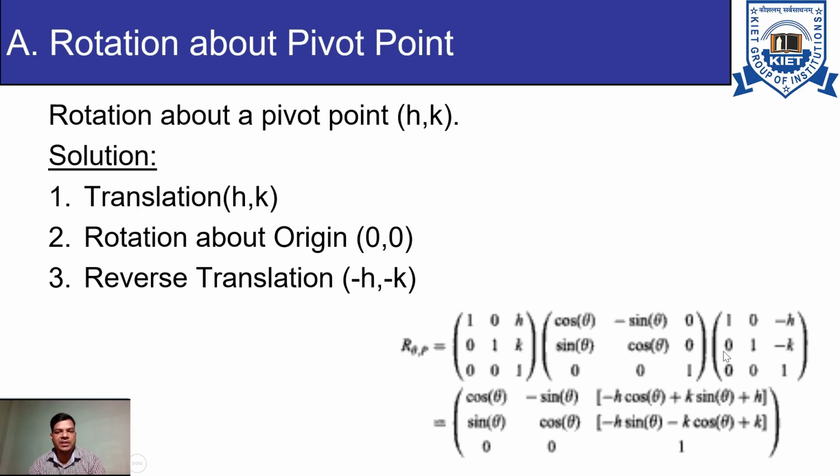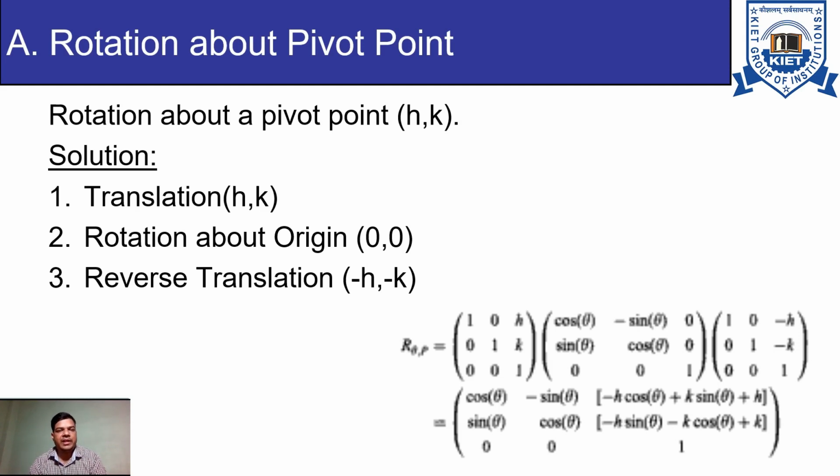Multiplying these three matrices, the final matrix we get is cos theta, minus sin theta, minus h cos theta plus k sin theta plus h, then sin theta, cos theta, minus h sin theta minus k cos theta plus k, then 0, 0, 1. We can directly apply this matrix where the rotation is about a pivot point.